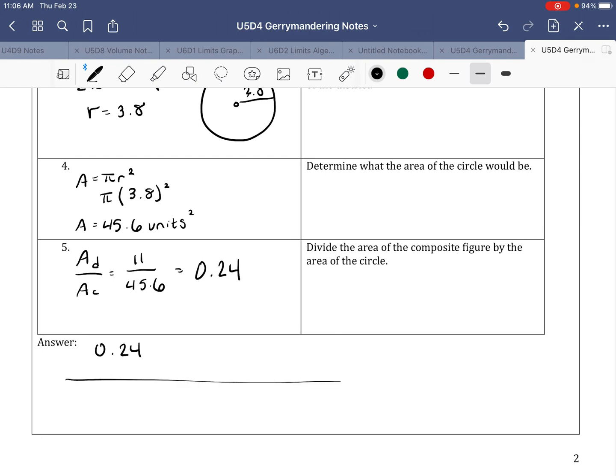The way we understand this number is that numbers that are closer to 0 are very gerrymandered. Numbers that are close to 0.5, somewhat gerrymandered. And numbers that are closer to 1 are not very gerrymandered.